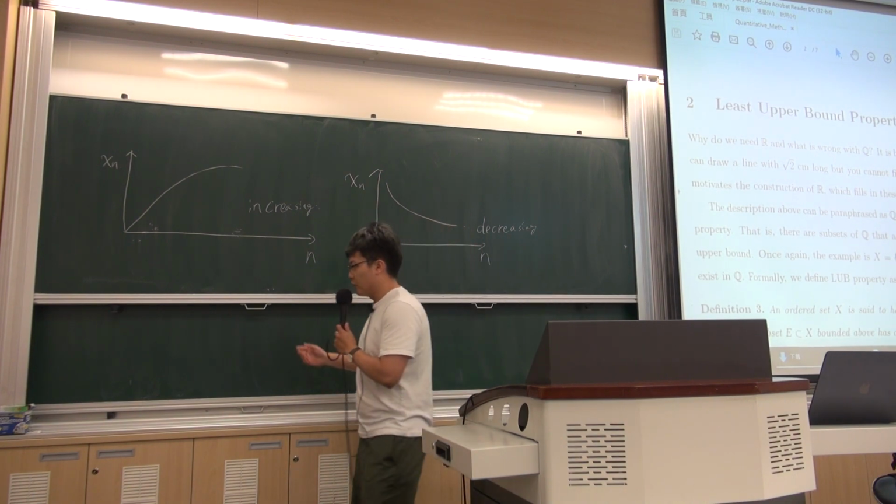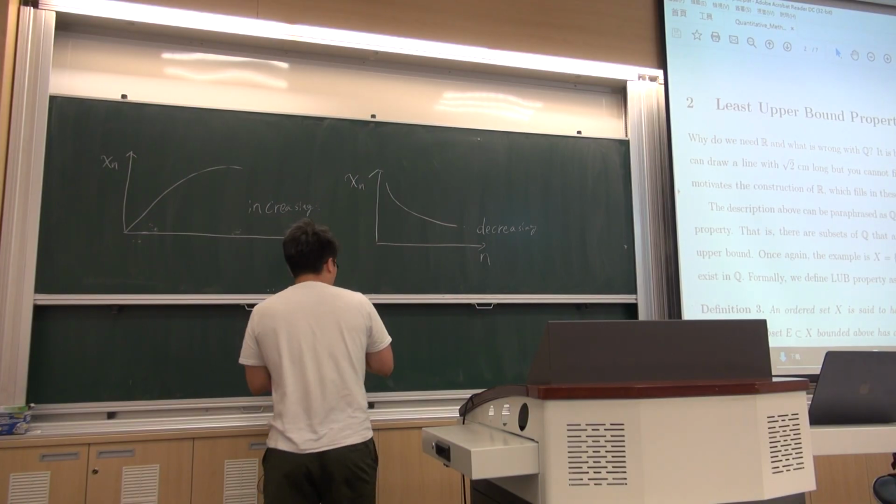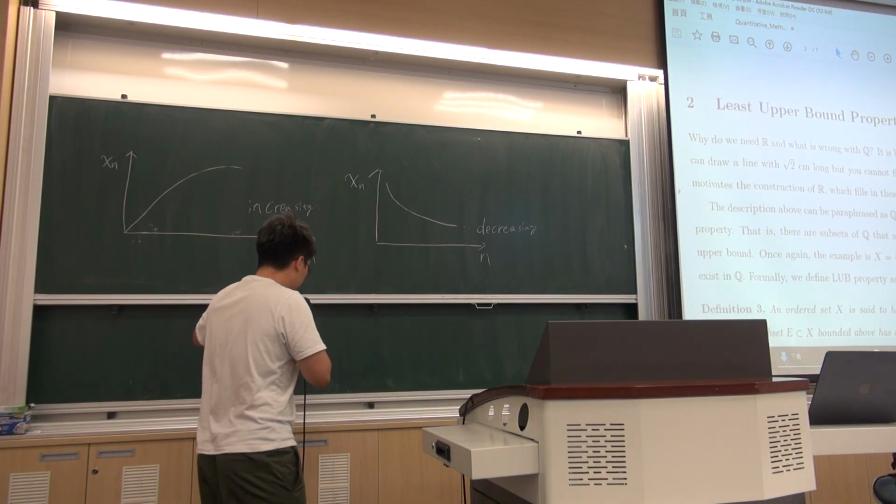So how do we draw a line of square root of 2 in a real line?